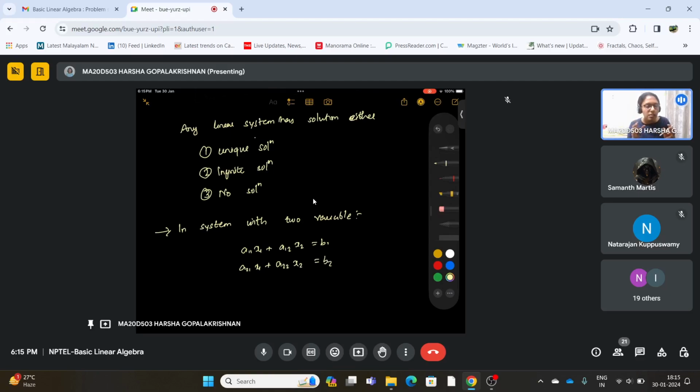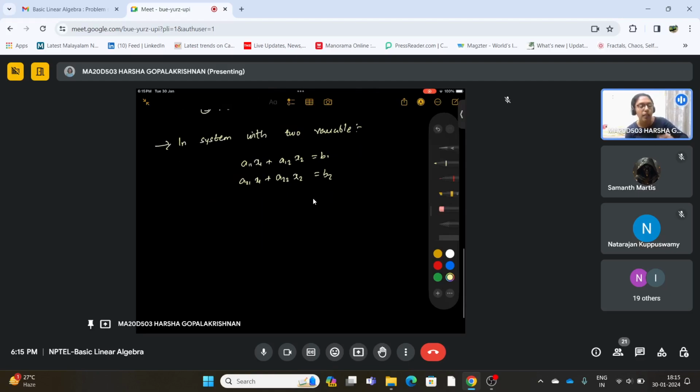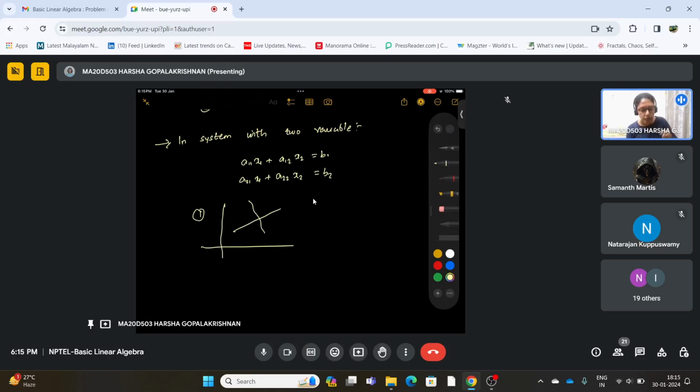What does this mean? There are two lines. We need to find the values x1, x2 which satisfy both lines. So what are all the possibilities here? In the first case, the lines can intersect, something like this. Two lines can intersect, so we have only one solution. This is the only one solution possible, correct?